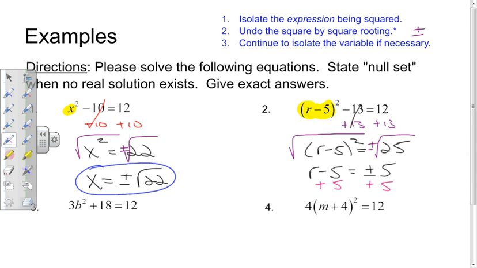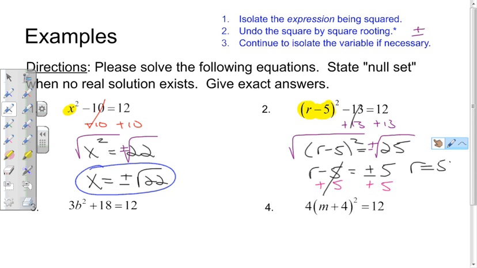Now this is where the writing can become a little bit awkward for a second. So I'll go here and go r equals. Now if you notice, it says plus or minus 5 plus 5. Well, I'm actually going to write this term first and put the plus or minus term second. It'll be a little easier to understand.